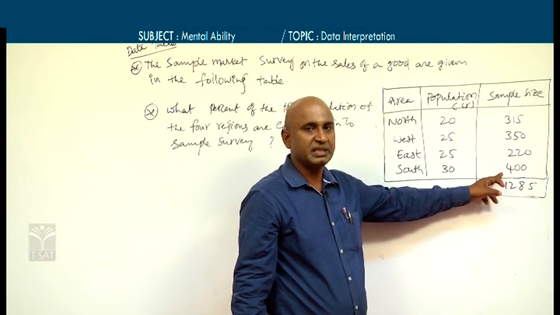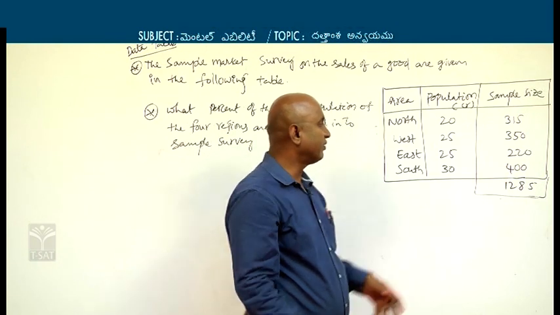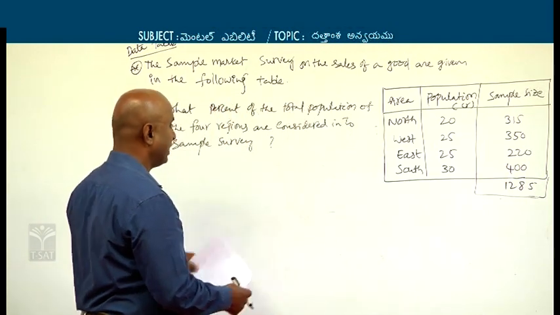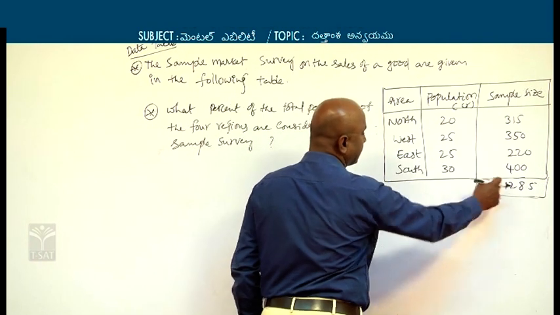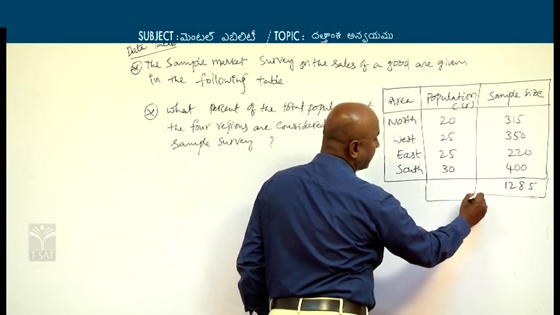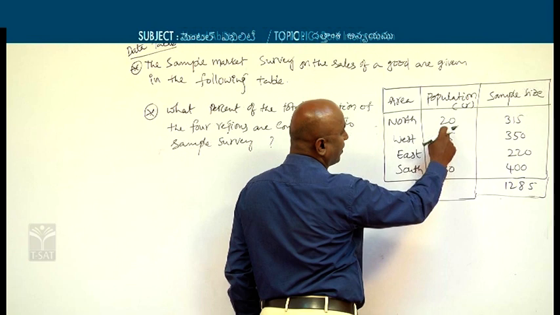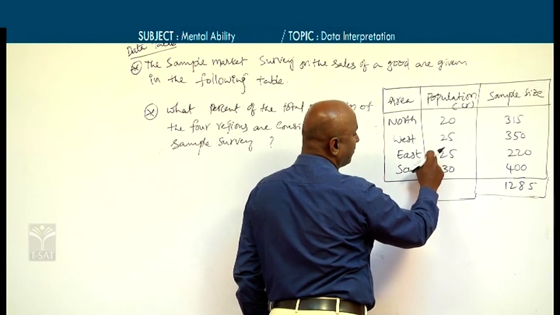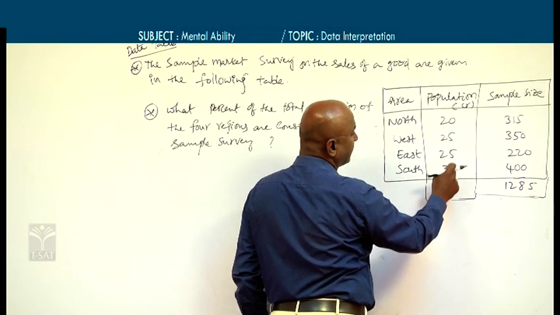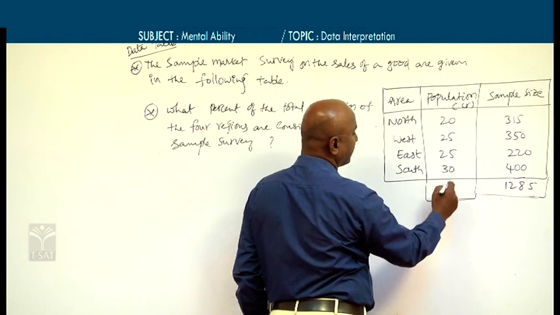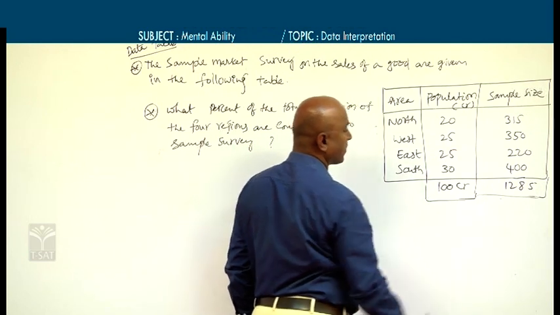What is the percentage of sample size out of the total population? We know that the sample size is 1285 total. Here the population of all the 4 regions is 20, 30, 25, 25, so it is 100 crores.